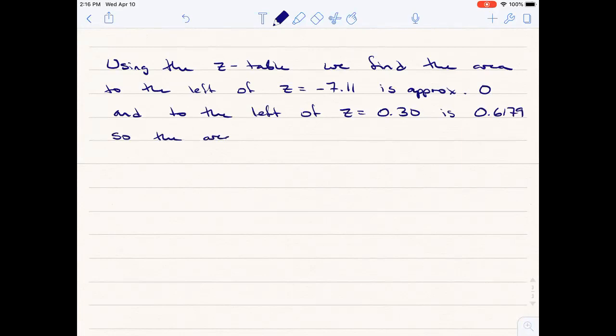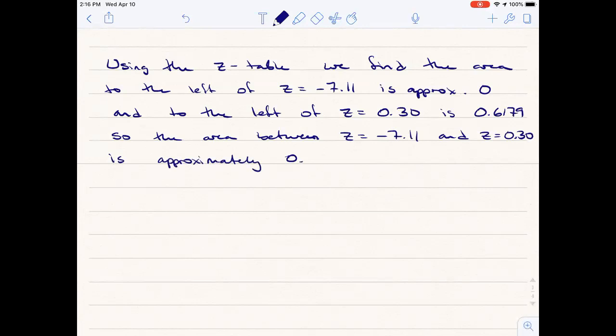So the area between Z equal to negative 7.11 and Z equal to 0.30 is approximately 0.6179 minus 0, which is 0.6179.